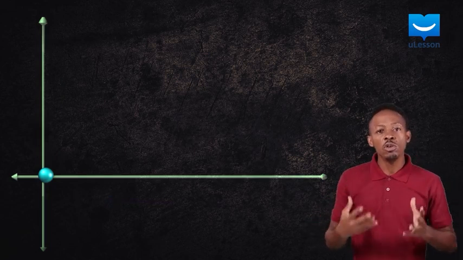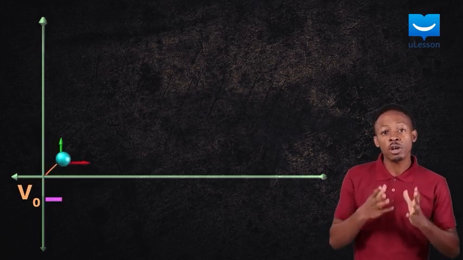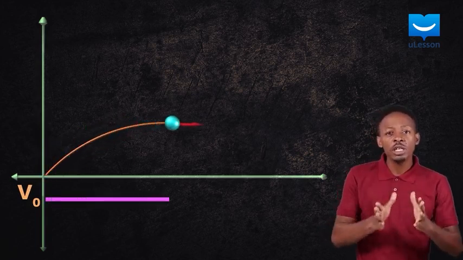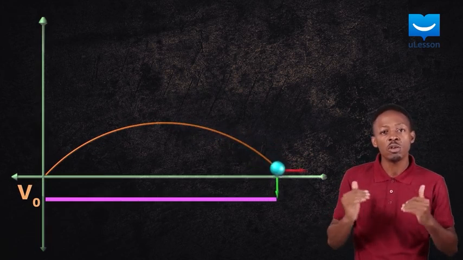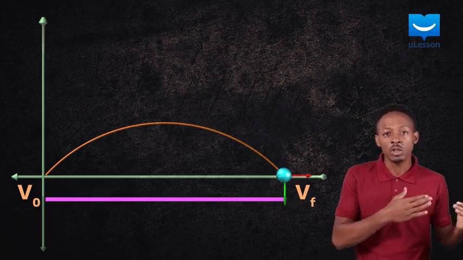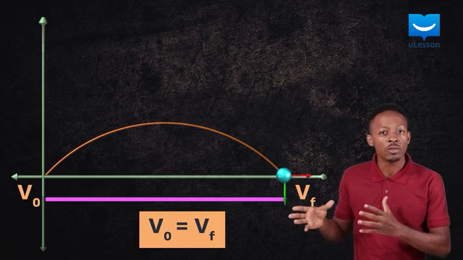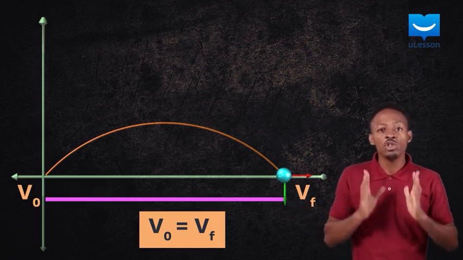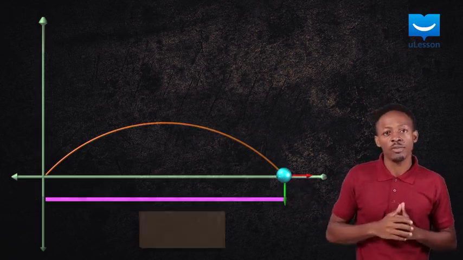But if you were to look at the speed of the object in the horizontal direction only, what you would notice is that the speed is constant throughout the motion in the horizontal component. This means the initial speed the object starts with will be the same speed with which it will hit the ground. This also means that gravity does not affect the horizontal component of the velocity.